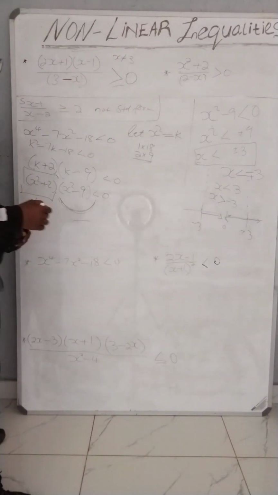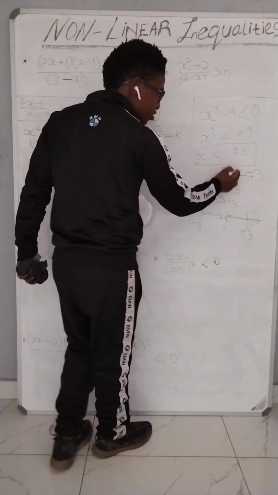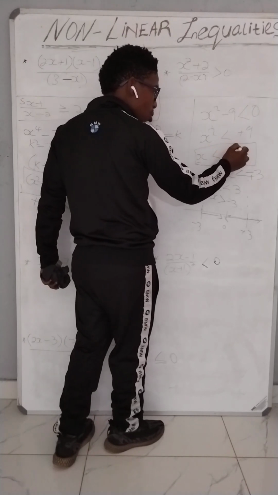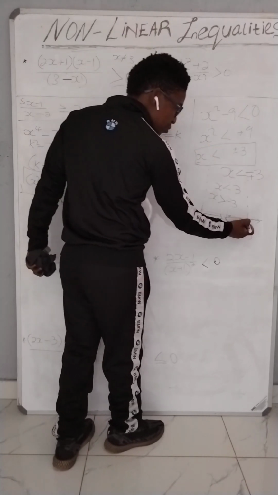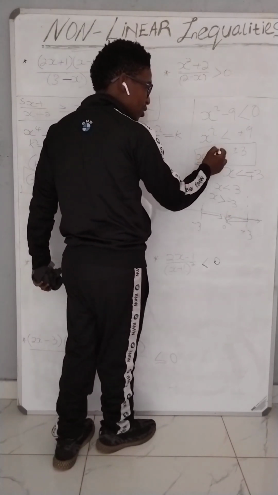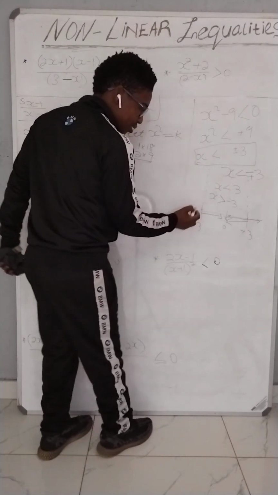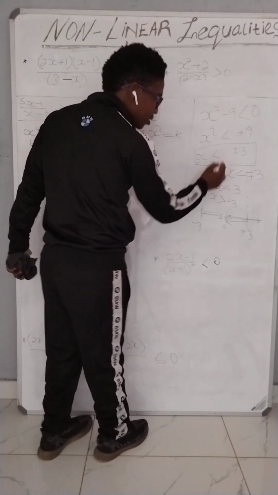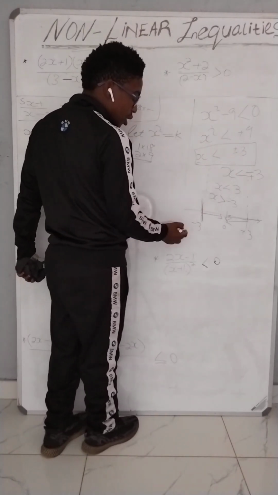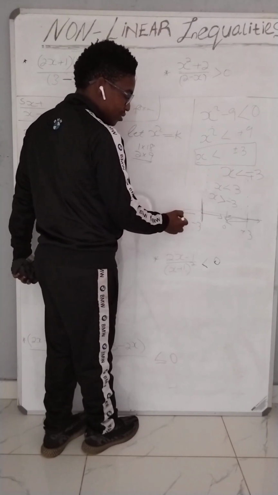I hope that you guys can understand why that is. Your x is less than positive 3. At the same time, the x is less than negative 3. So if you have negative 3 here, anything that is less than negative 3 is this side.